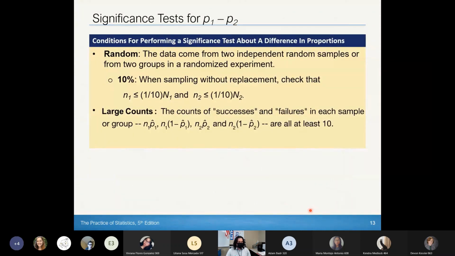And again, we have the same set of conditions for performing a significance test about a difference in proportions, which is the same set of conditions for constructing a confidence interval, the random, 10%, and large counts condition. They're exactly the same.